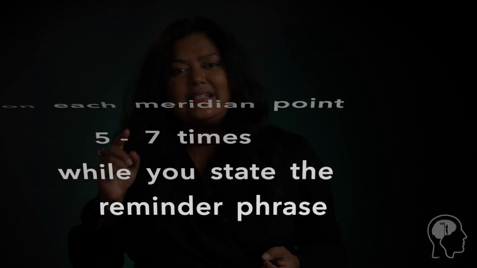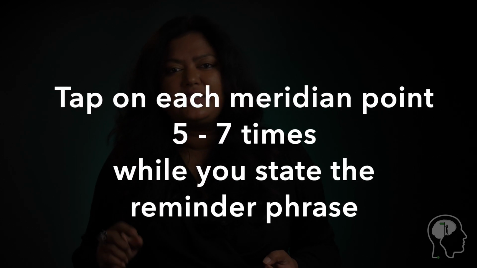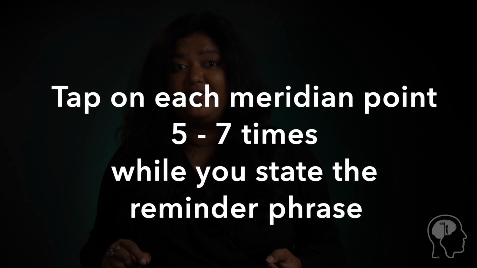All this worry I have. What if I make a mistake? All this worry I have. What will they think? All this worry I have. How am I going to perform? You get the point. Tap on each meridian point 5 to 7 times while you state the reminder phrases.